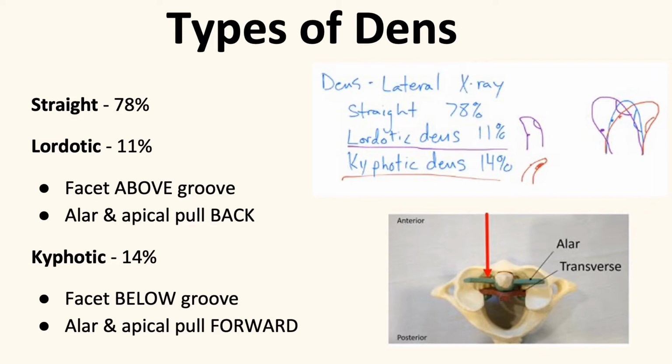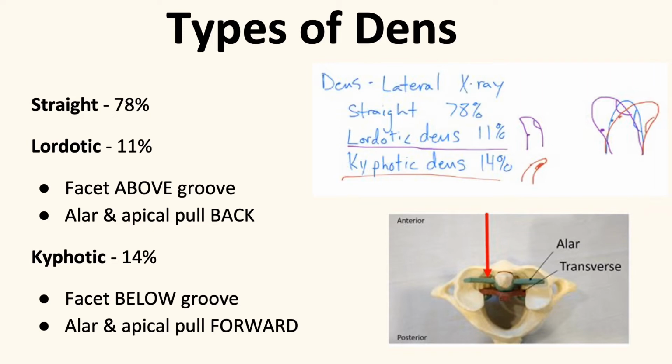And then even more strange of a description is the kyphotic dens. So I would flip your hand around so the dorsal side of your hand is facing you, and then point your fingers away from you. That's going to kind of be the description of a kyphotic dens. Sounds crazy, it's because it is. So in that case, the facet for fovea dentis is located, air quotes, below the position for the groove for the transverse atlantal ligament.